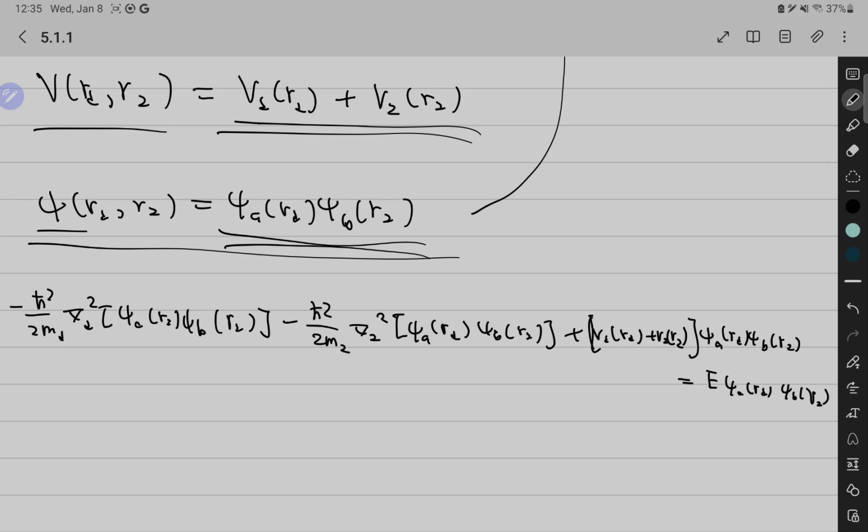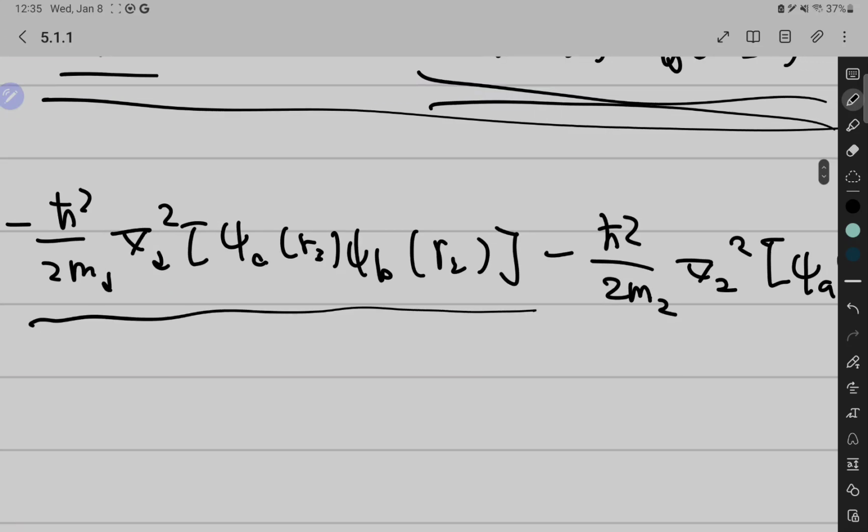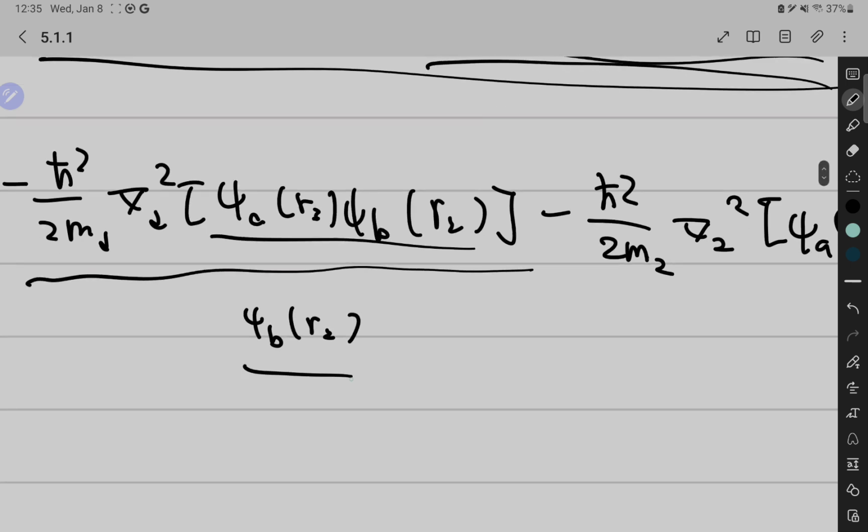And there is a very important observation to be made here. Look at our Laplacian, right? For this part of the equation, when you apply Laplacian 1 to this whole phi here, then you can realize that phi B(R2) can be taken out, right?